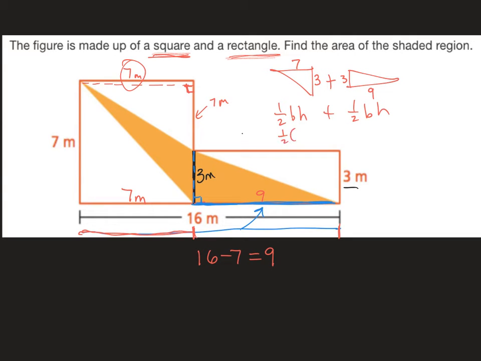So 1/2 times 3 times 7 plus 1/2 times 9 times 3. When I do the math, I get 21, half of 21 is 10.5, and then I get 27, half of 27 is 13.5. I add those two together and I get 24 meters squared. All right, so that's that one.